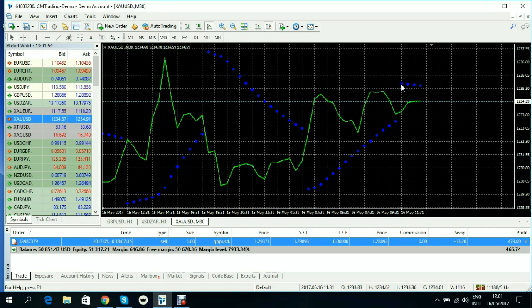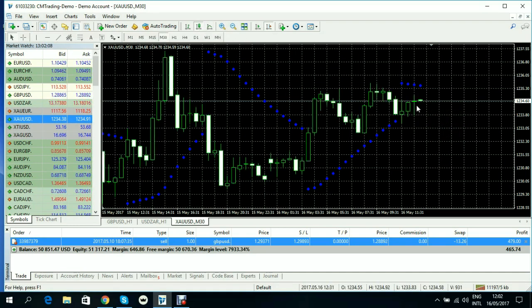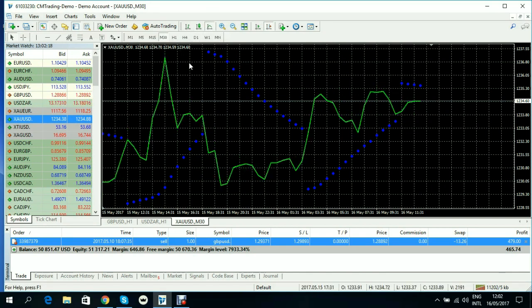And as we can see now, the dots are appearing above the price or the candlesticks, which indicates a sell trend. So basically, this is how it works.